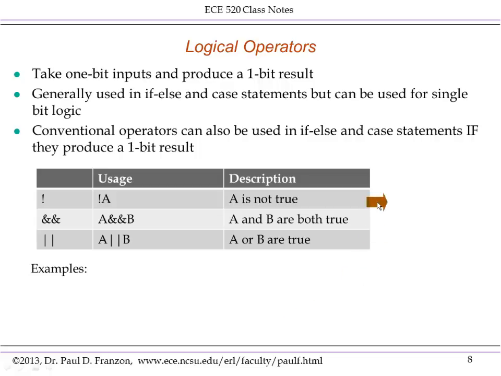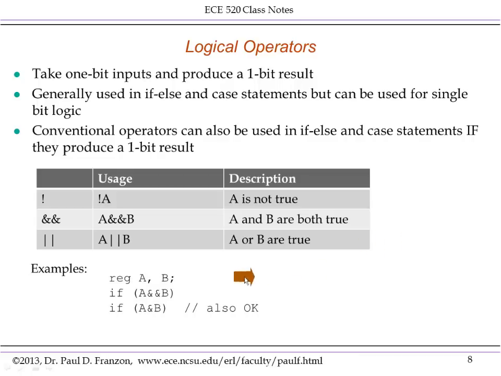The 3 logical operators are: bang A, is A not true; ampersand ampersand, are both A and B true; vertical bar vertical bar, is either A or B true. The most common use of the logical operators is in if-else statements and case statements, though you could use them to implement 1-bit gates, though it'd be more natural to use single ampersand or vertical bar.